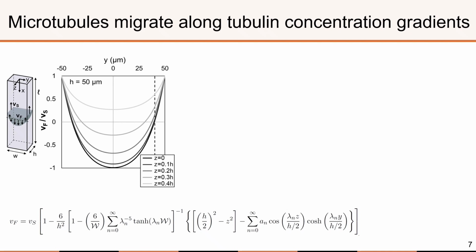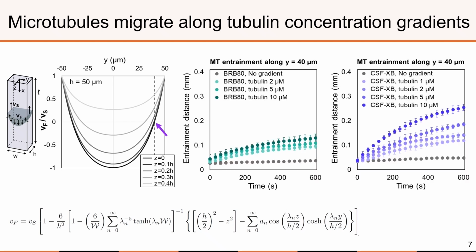The rescaled flow velocity can be plotted versus distance across the pore, and we can detect a y position where the flow velocity becomes 0. This means that if we track the microtubule entrainment front along y equals 40 micrometers at each time point, we are detecting purely the phoretic component of the apparent microtubule motion.